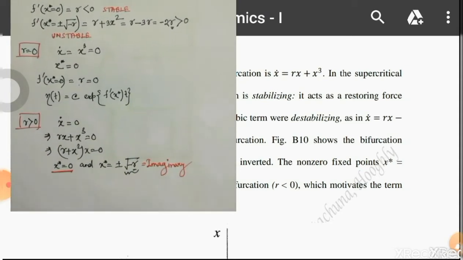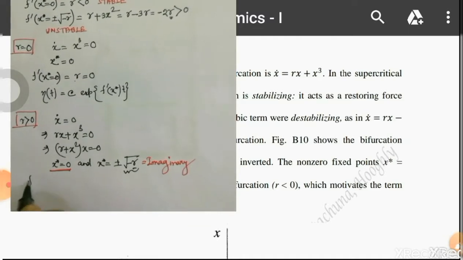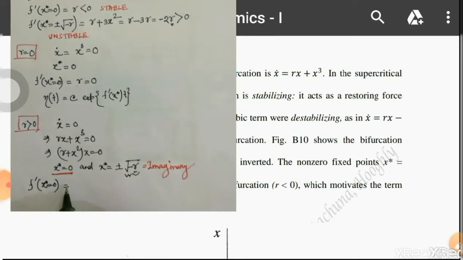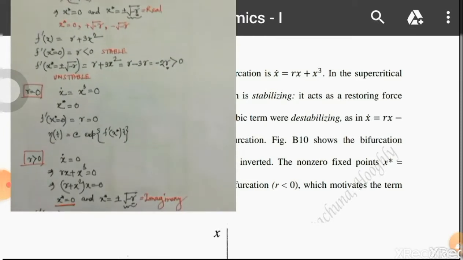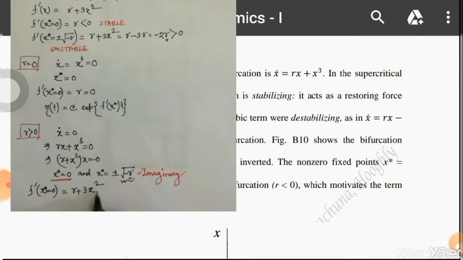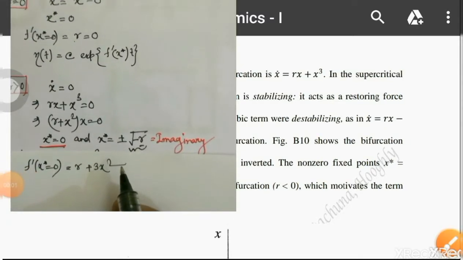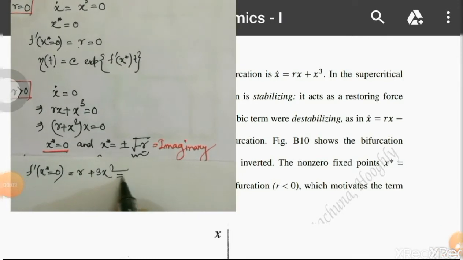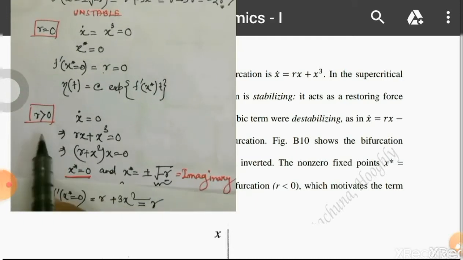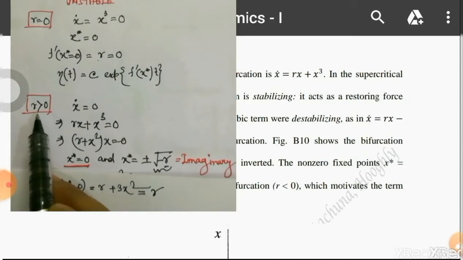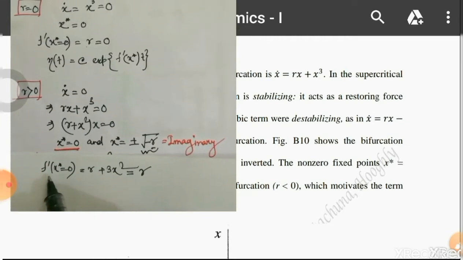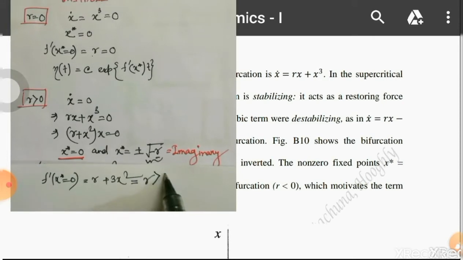So if we check the stability of this fixed point, then f prime at x star equal to 0 equals r plus 3x square, and as x is equal to 0, this will be equal to r. So now the condition is r greater than 0. Therefore, at x equal to 0, f prime becomes greater than 0.